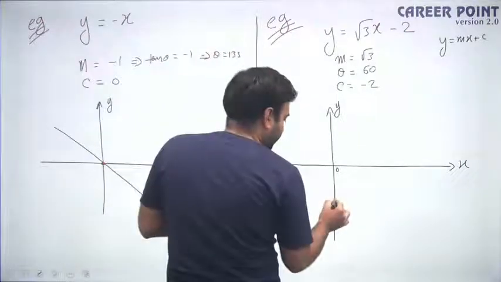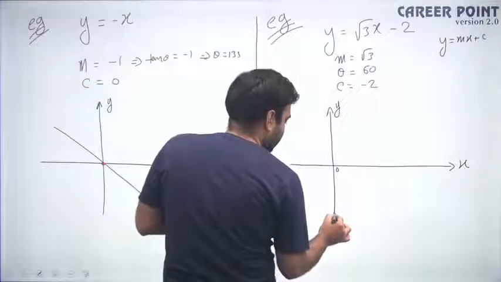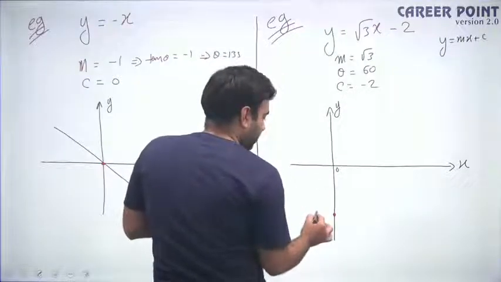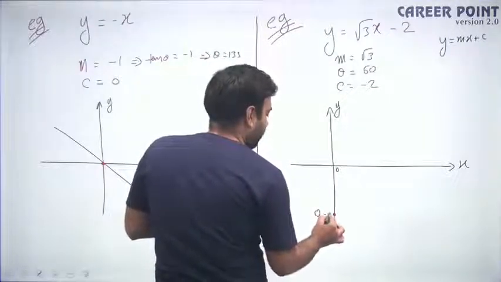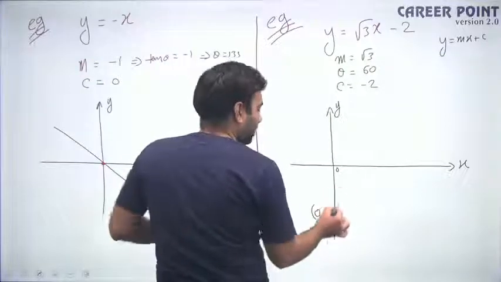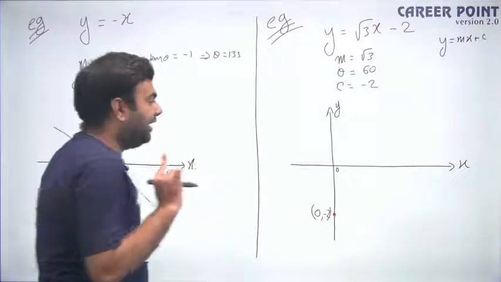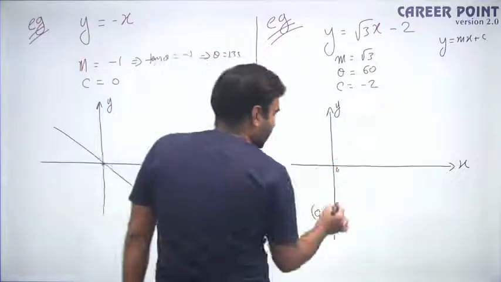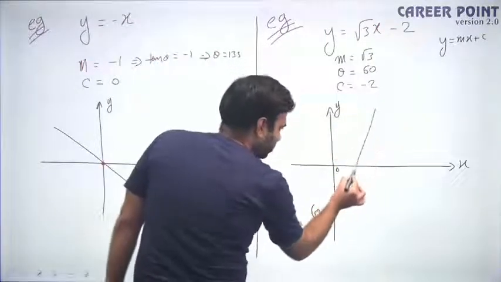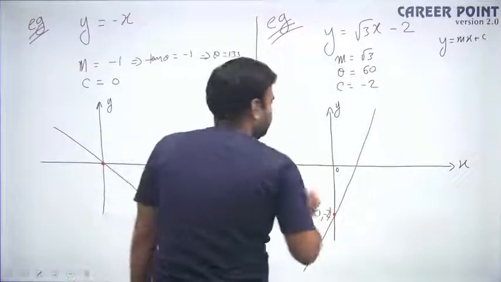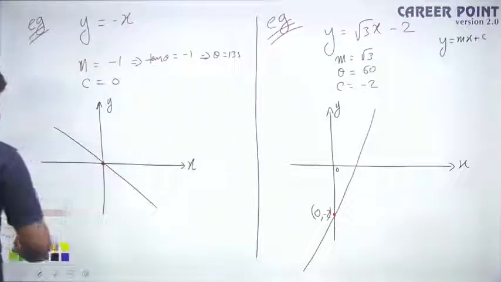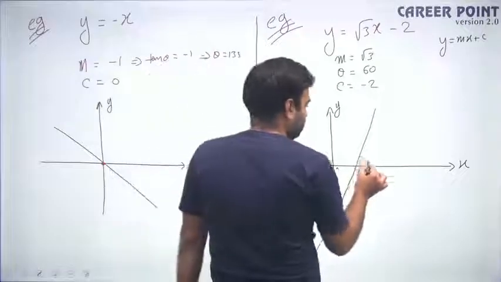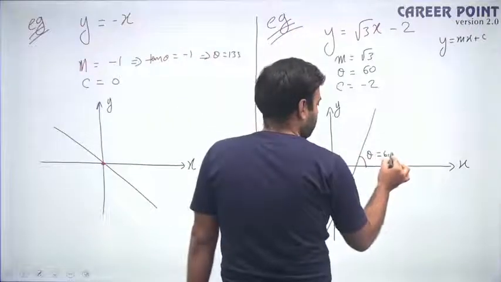So the y-coordinate is -2 at, suppose, this point, and its coordinates will be (0, -2). So the graph will pass through this point and it will make an angle of 60 degrees from the x-axis. So this will be the graph. Okay, this theta is equal to 60 degrees.